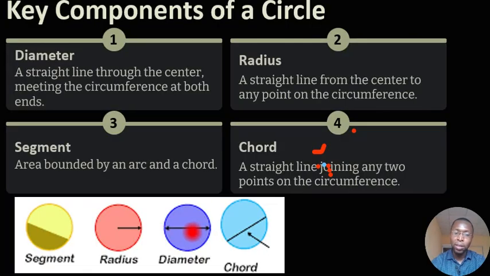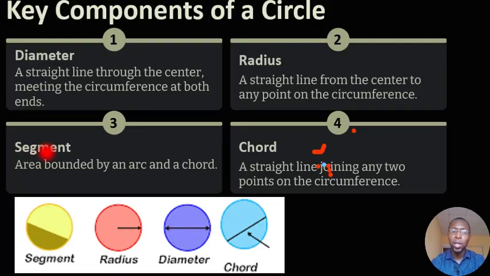So while the diameter meets both ends of the circumference, a radius meets only one end of the circumference from the center. That's the difference between them. So we can say that the radius is half of a diameter, okay? Because they are both straight lines. This straight line is half of the diameter straight line.